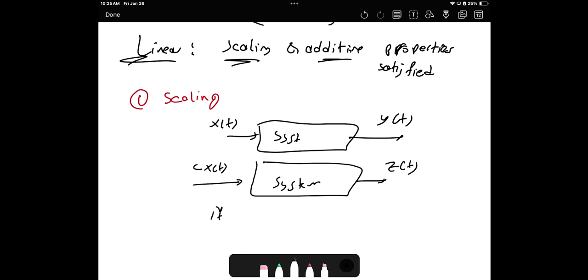Now, if z of t equals c times y of t, then it is scalable, such that c is not a function of time.